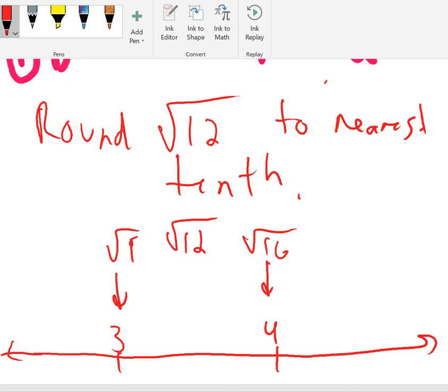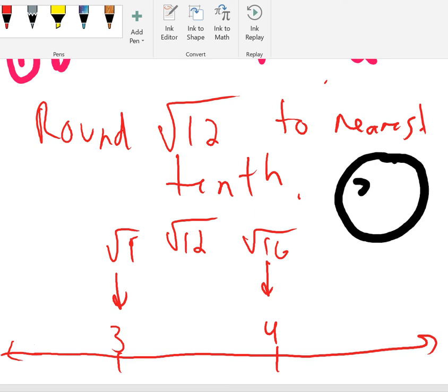If we wanted to round it to the nearest tenth, let's say our answer is going to go right here. We know it's going to be 3 point something because it's in between 3 and 4. Anything in between 3 and 4, I don't care how close you are to the 4, it's still going to be 3 point something. It will only be 4 point something if it was on the other side of 4.